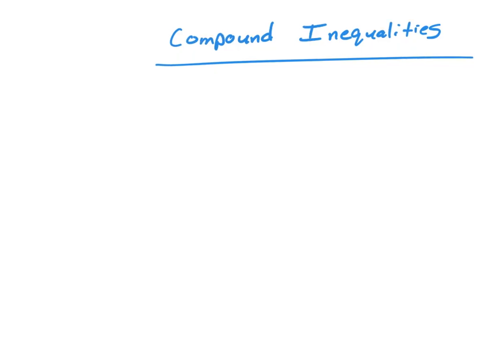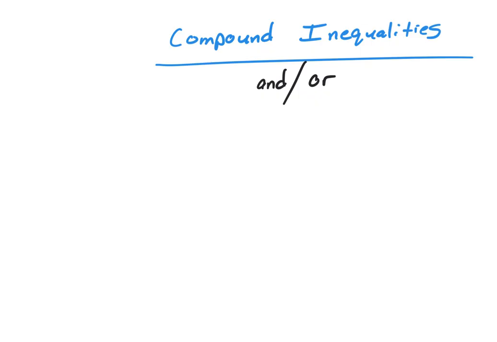And typically, when we have a compound inequality, it's either going to be an and statement or an or statement. And you won't always have one or the other word in there. If I have an and statement, it may not say and. I'll show you an example of one where it's going to have and, but we're going to assume it to be and. Or we'll always have or written in the actual problem. It'll say this or this.